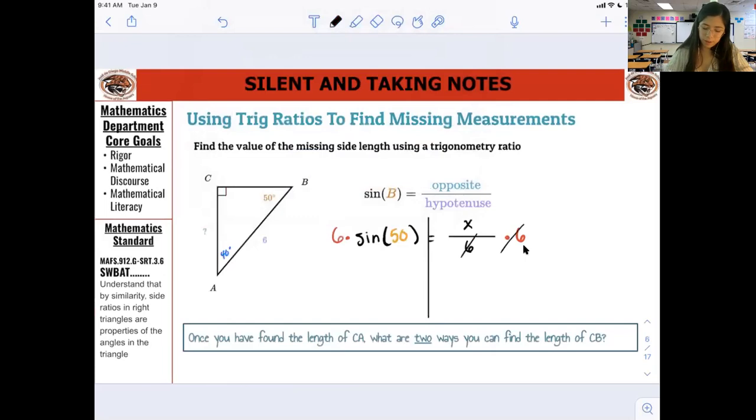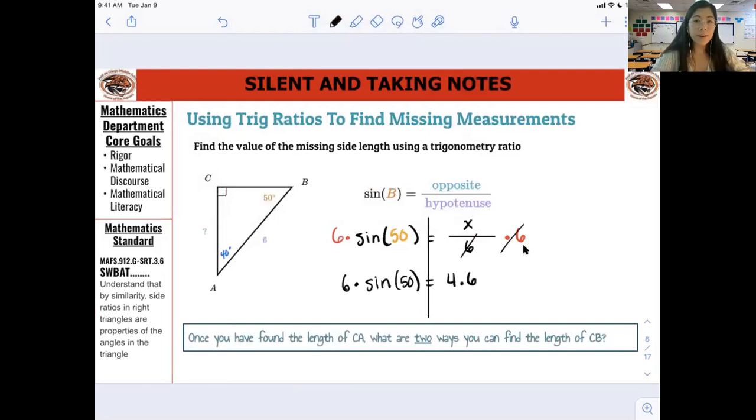So go ahead and figure out what is 6 times the sine of 50. Good, Perla got 4.6. You did round it to the nearest tenth. Yes, this would be 4.6.